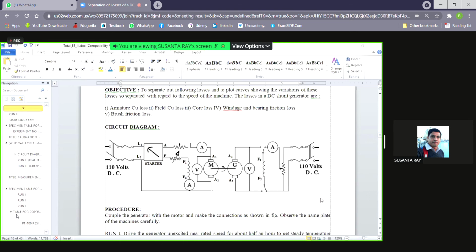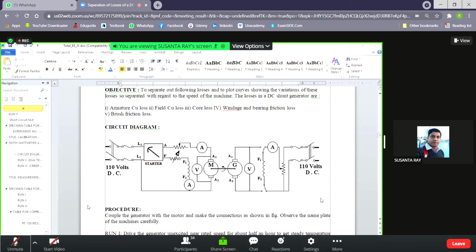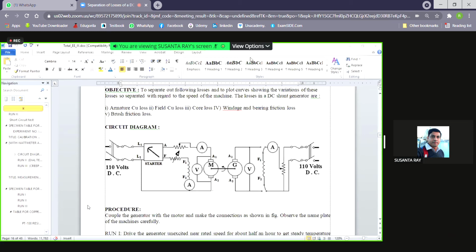Now I have asked one question: why has he connected the voltmeter at the end? Can anybody tell me? These are all practical things you should understand. Otherwise you will not be an engineer, just a graduate student, that's all.